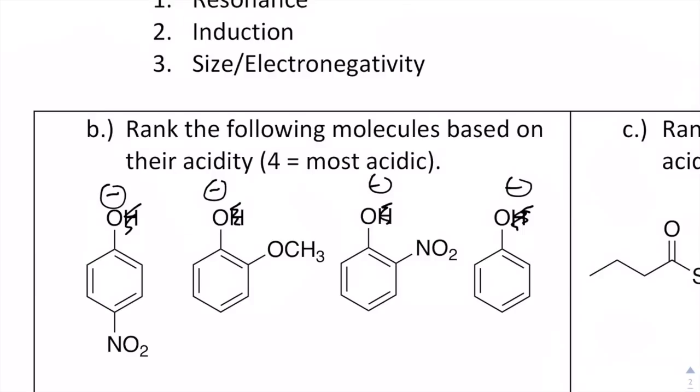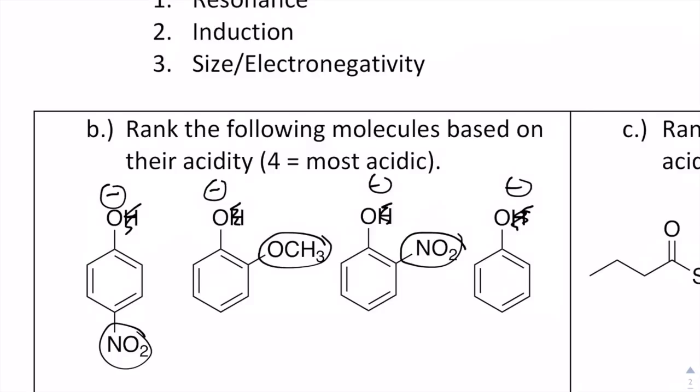Clearly here it looks like we're going to deal with induction. The O- is always constant in the same space. But what's different is the substitution of these other substituents around the benzene. We have this nitro group, all the way across on the other side. We have this methoxy group, which is adjacent to the O-, and we have this nitro group again, which is now adjacent to the O-, and then we just have that plain O- to the right.